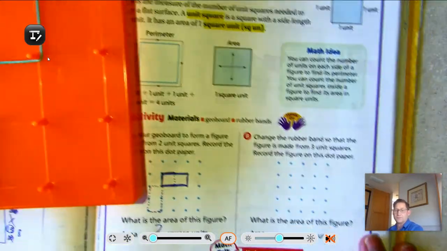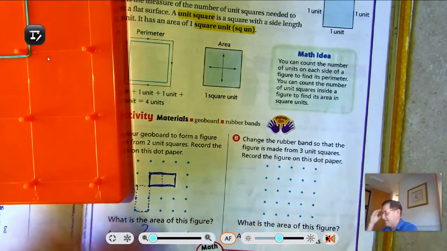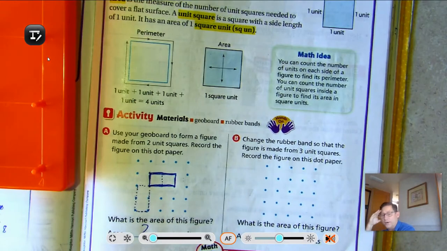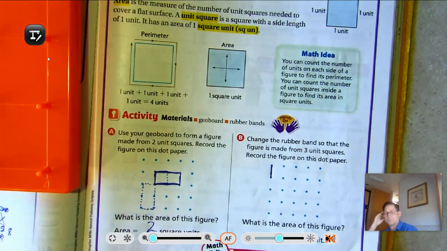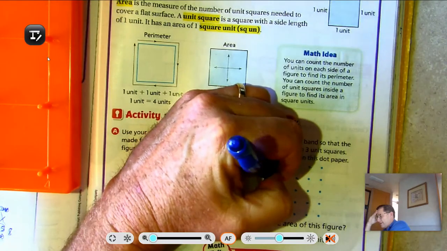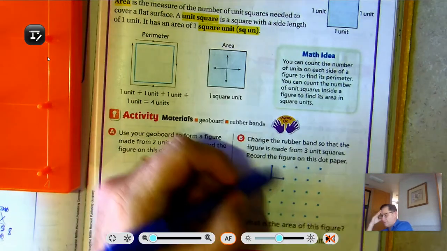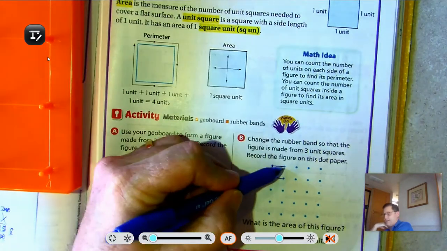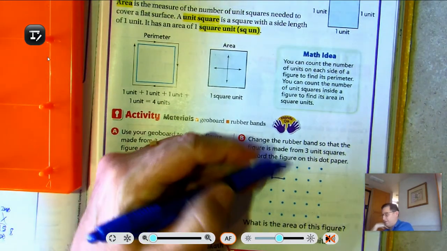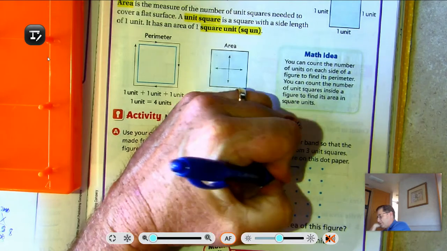So on your dot paper, this time we need to find 3 squares. So I'm going to start here. Okay. And that's the beginning of 1 square, right? If I came down here, that would be 1 square. So let's keep going.